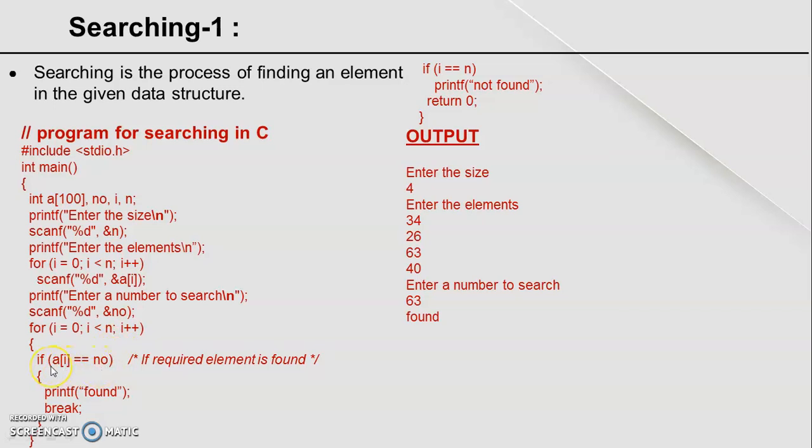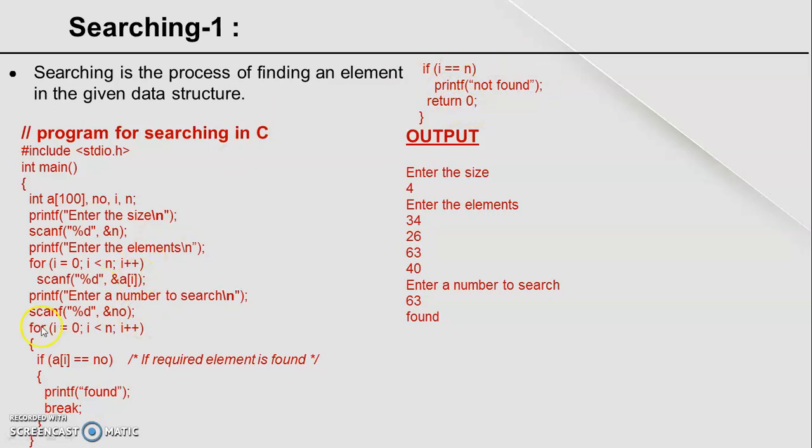If both are equal, then we display the message printf found, and this whole process continues for n iterations. After completing all the iterations, if i becomes n, it means we completed the search and nowhere was this condition satisfied, then we can display the message not found.